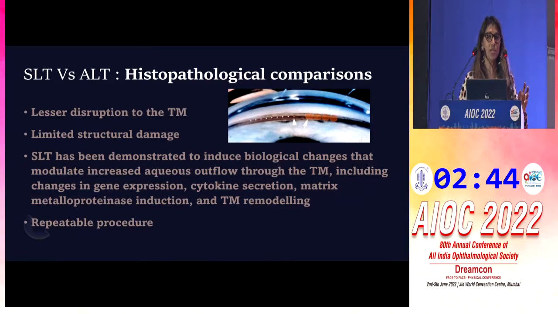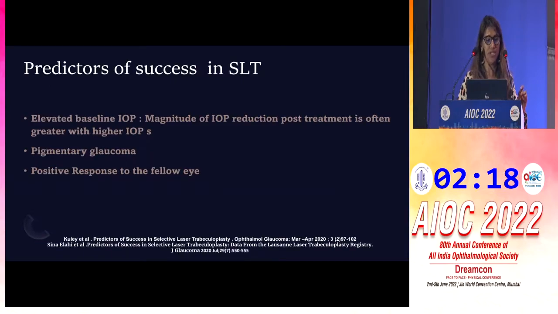When histopathological studies were done in patients using argon and selective laser trabeculoplasty, it was seen that SLT mostly acts by inducing biological changes, increasing gene expression and cytokine production, and did not cause much structural damage as compared to the argon laser. Hence, it was a repeatable procedure.